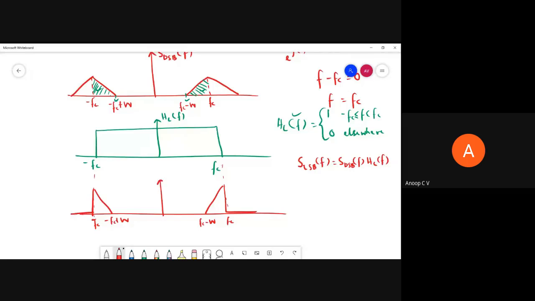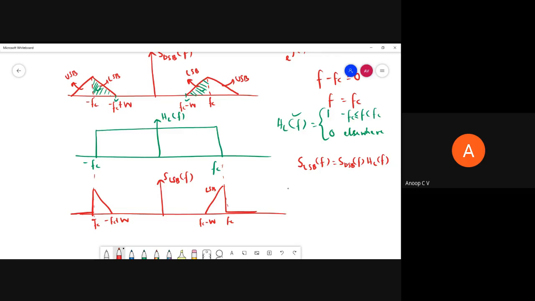So this is nothing but our S LSB of F. So it has only the lower side band. These two are upper side bands, and these are the lower side bands, right?